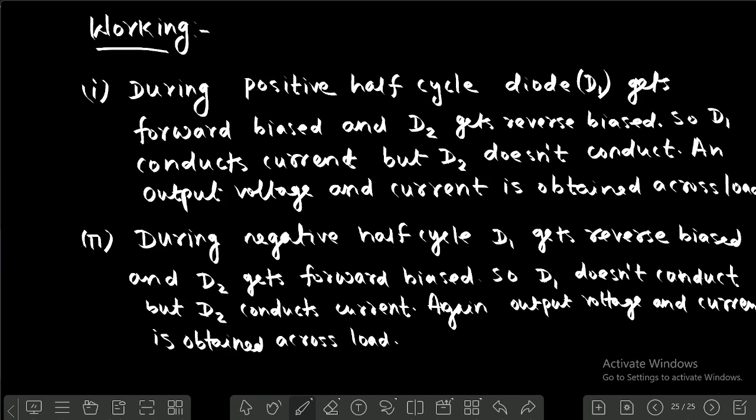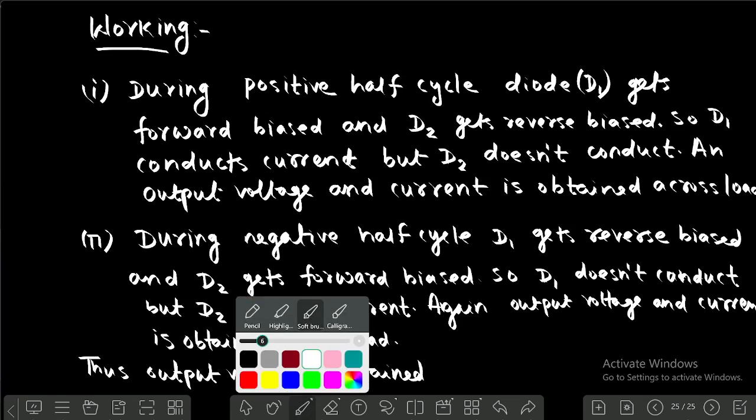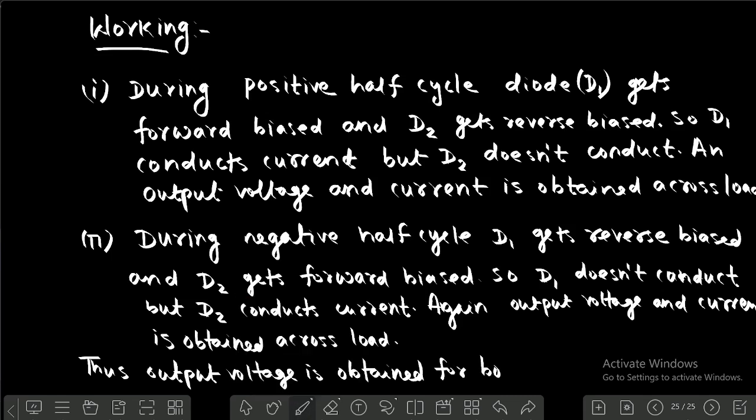Yes or no? So you can write here: output voltage is obtained for both positive as well as negative half of the AC cycle.